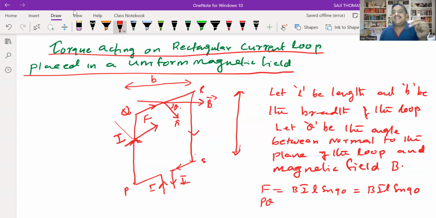The force direction we can determine using Fleming's left hand rule. Magnetic field is along x direction, current is y direction, so the force will be perpendicular to PQ and inward. Force is BIl.